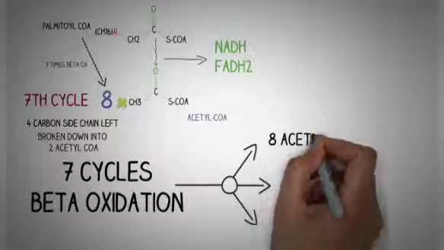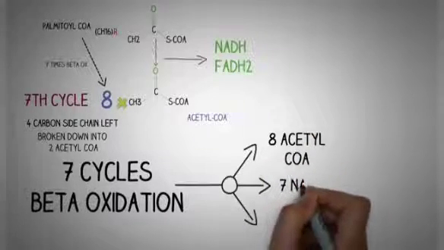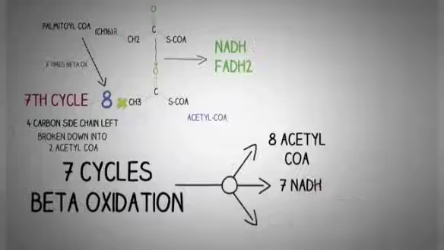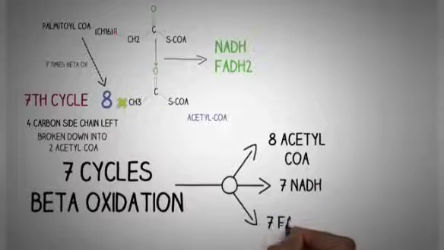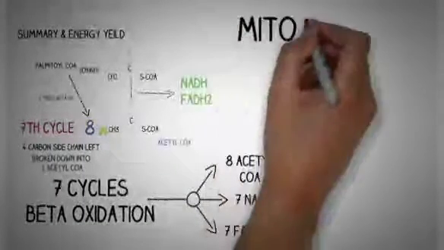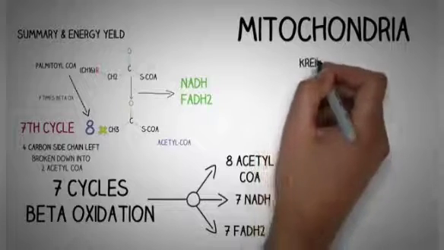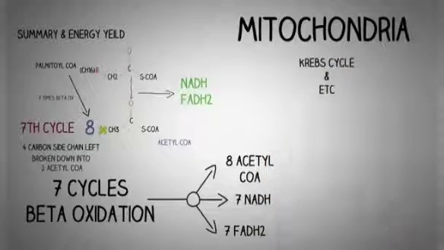We have 8 molecules of acetyl-CoA, 7 molecules of NADH, and 7 molecules of FADH2. All these reactions take place in the mitochondria, so we have the enzymes of Krebs cycle and electron transport chain in close proximity, where all of these substrates can be utilized.